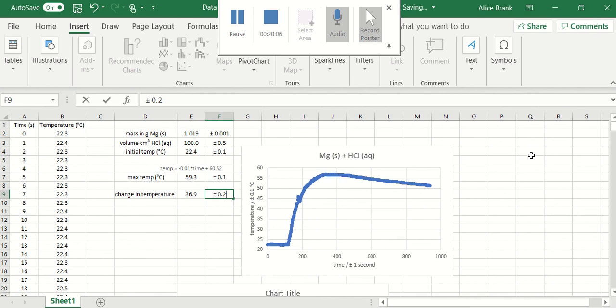Kilojoules per mole of what? Something. Which one? You can be circumspect and just say something generally. Nope.